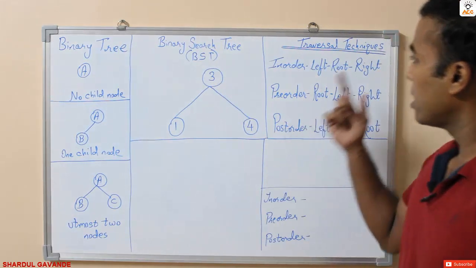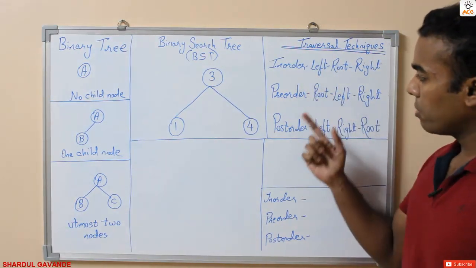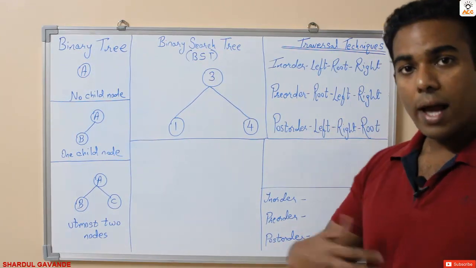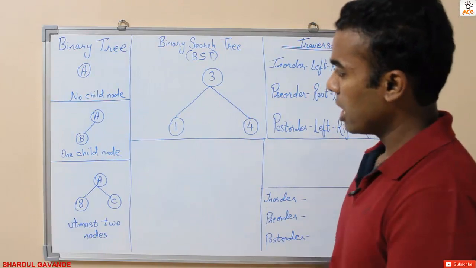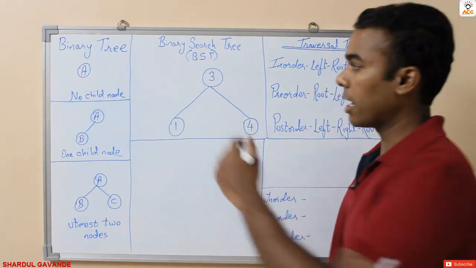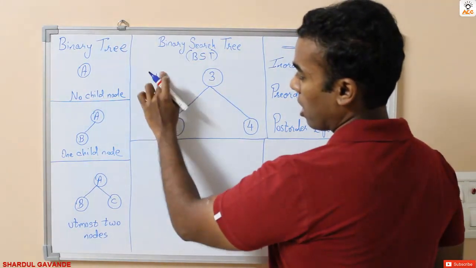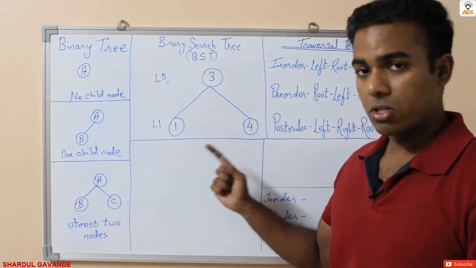Now moving on to the traversal techniques. We have different traversal techniques: in-order, pre-order and post-order. Why are these traversal techniques used? Suppose in this binary search tree, this is L0 and L1, so this is a level 1 binary search tree.